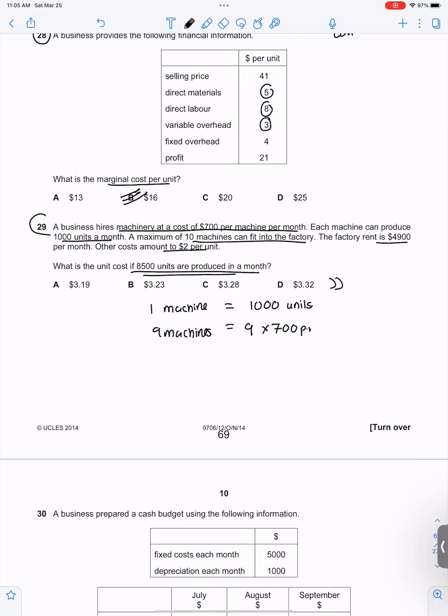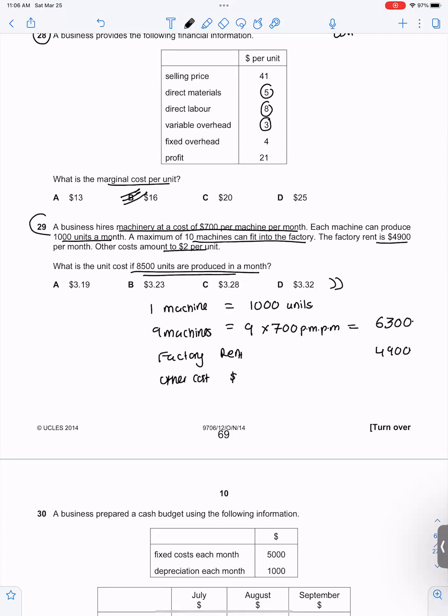So 9 into 700 is how much? 6,300. Then you have factory rent, 4,900.